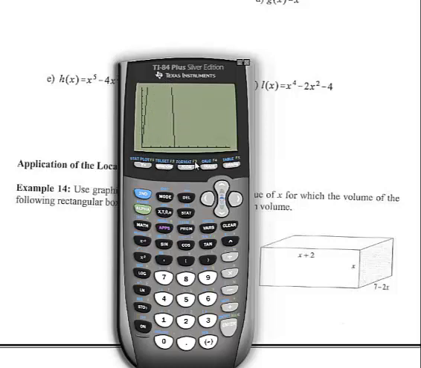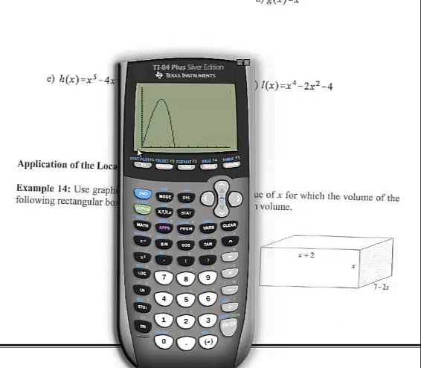So I'll have to zoom out, or I could use my window. Let's see if I can put a Y max so that I can see the top of my curve. Okay, 15 wasn't enough. I'll go back to my window and I'll say 30. Graph, and there it is.